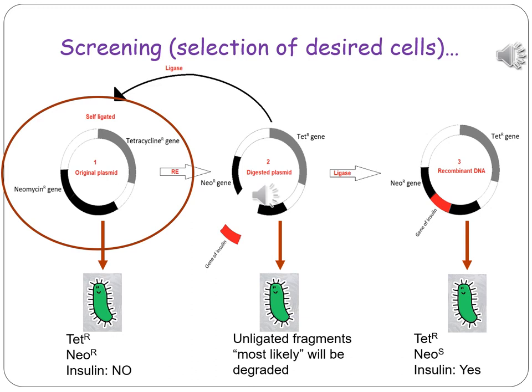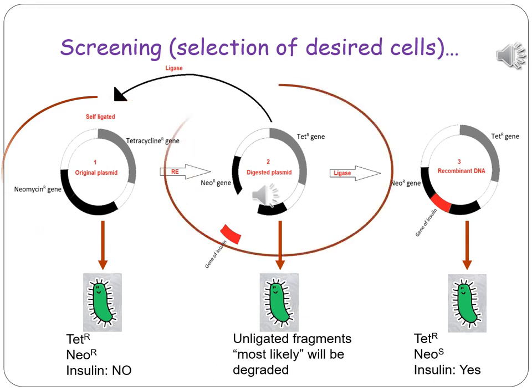Why is that? Because the neomycin resistant gene will have the MCS region, which is the multiple cloning site. So the digested plasmid will be cut at the neomycin resistant gene, just at this place, while the tetracycline resistant gene will be intact.